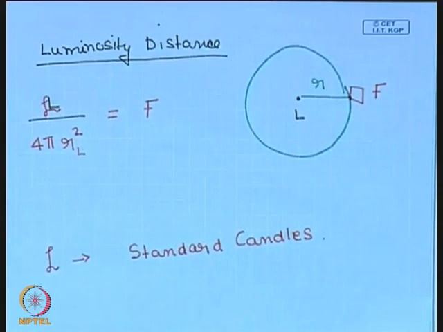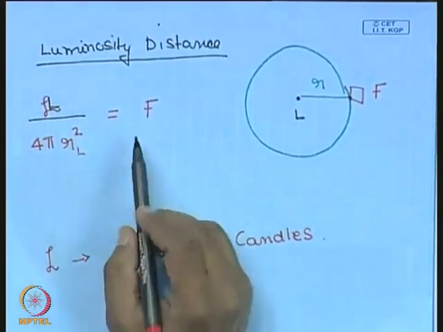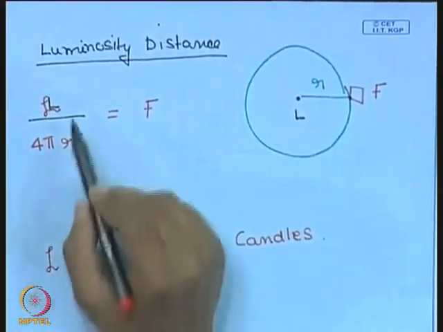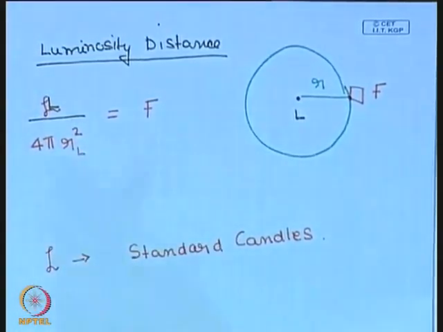In cosmology there are astronomical sources for which we believe that the luminosity is known. So if you can measure the flux from such a source, you know the luminosity, and you can measure the distance. Just like we have already talked about one such thing, the Cepheid variables. If you can measure the period, you know the luminosity.